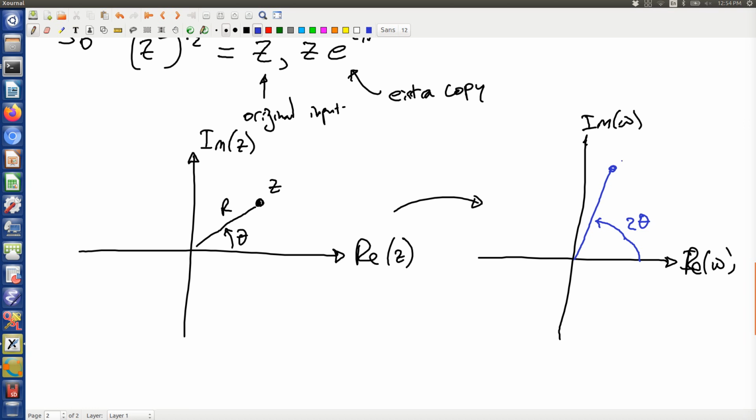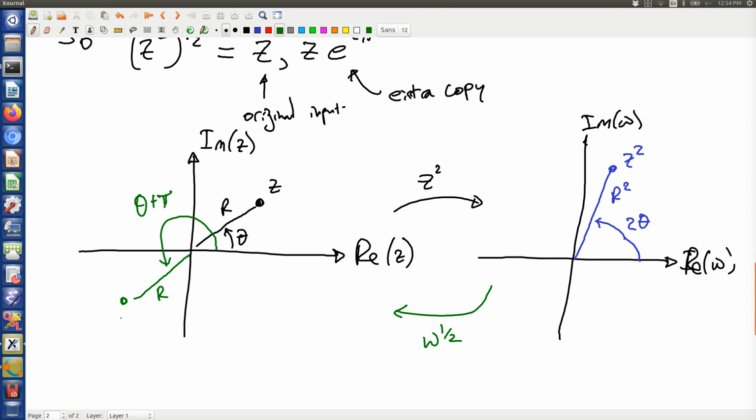This is z squared, this is r squared. And there are 2 possible preimages, one of them being the original one and one new one, that new one being over here as well. And so this is the second square root that shows up.